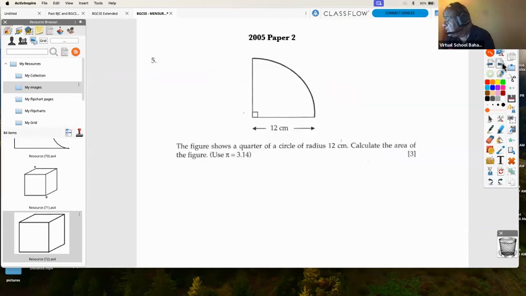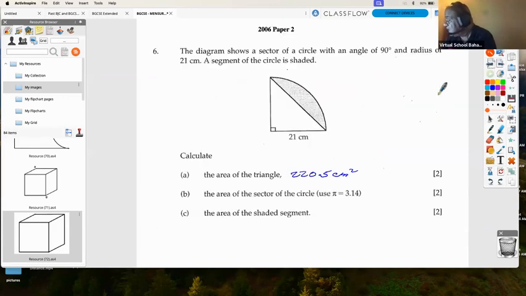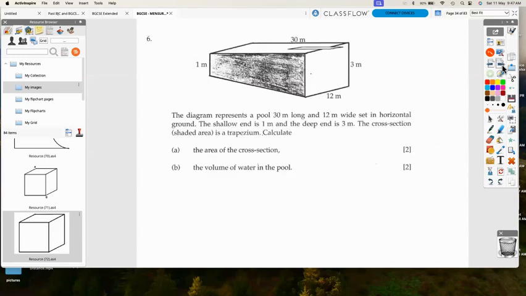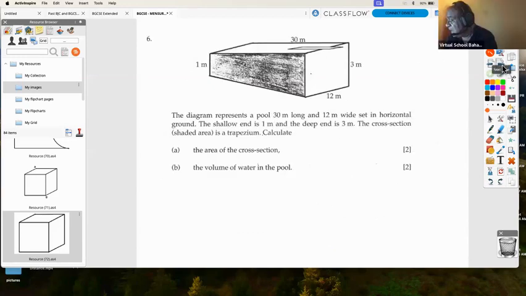You guys know how to calculate these, right? Yes, sir. All right. I want us to do this one here now. This is a swimming pool, and this is a 4-point question. It says the diagram represents a pool 30 meters long and 12 meters wide, set in horizontal ground.